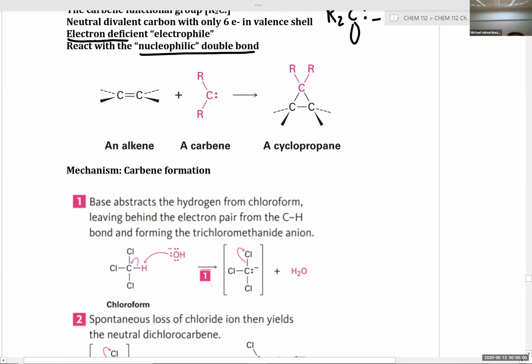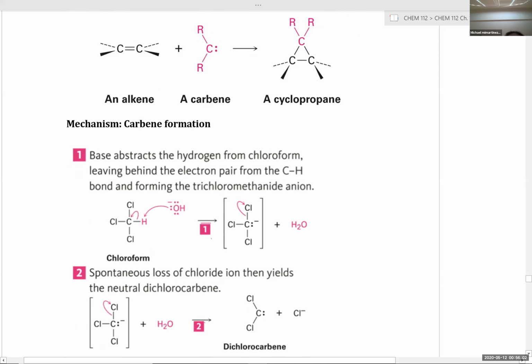So in terms of how these carbenes are generated, they're commonly generated from chlorinated solvents, chloroform being the most common solvent for generating dichlorocarbenes. Would anyone like to comment as to why chloroform is particularly useful for generating carbenes if the first step is deprotonation?